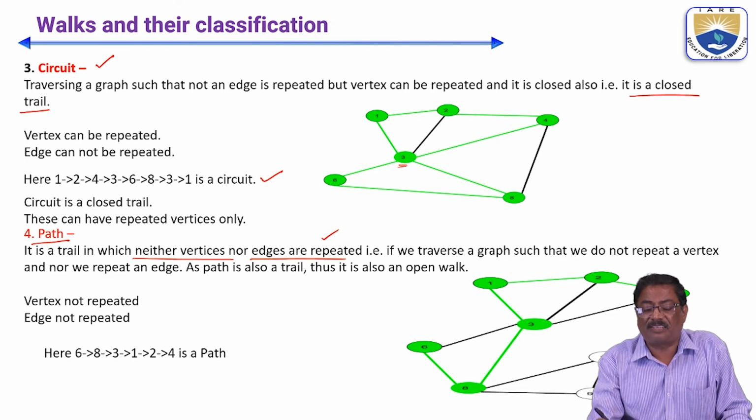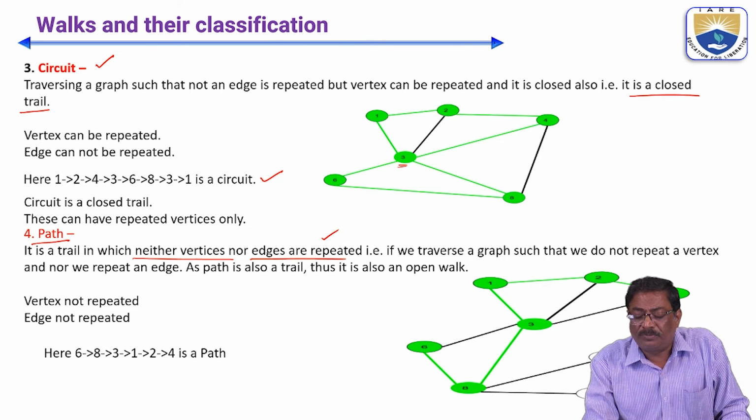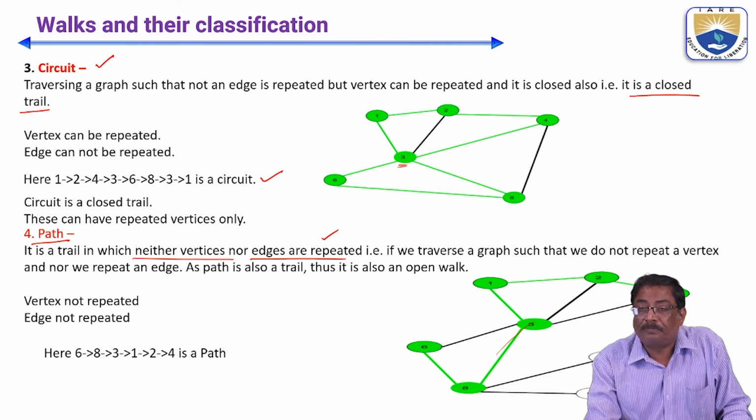Let us consider this example. 1 to 2, 2 to 4. I'm just considering from 6: 6 to 8, 8 to 3, then 3 to 1, 1 to 2, 2 to 4.